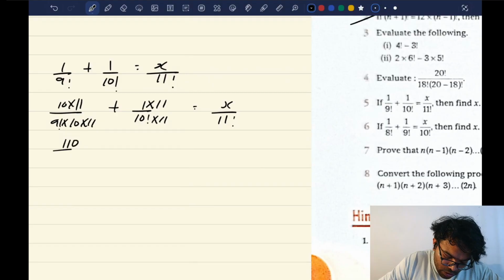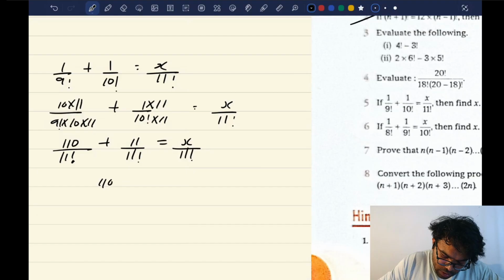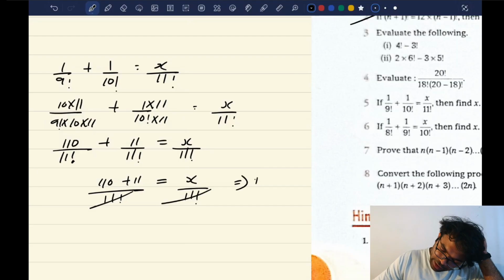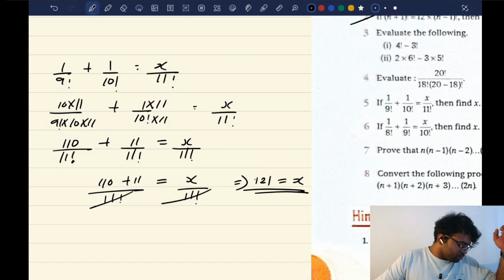So 110 upon 11 factorial plus 11 upon 11 factorial is equal to x upon 11 factorial. So 110 plus 11 is equal to x upon 11 factorial upon 11 factorial. This is cut off. So you get 121 is equal to x. Next.